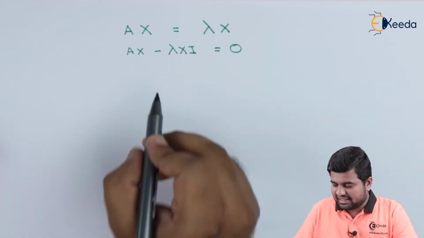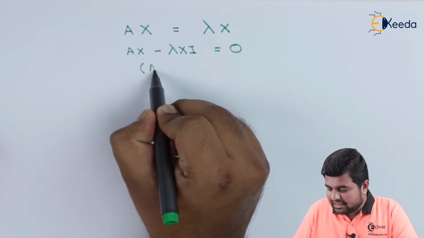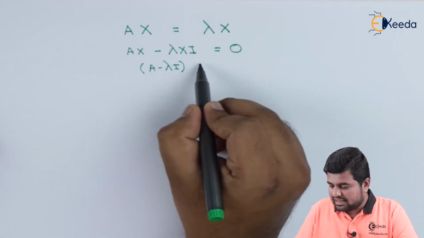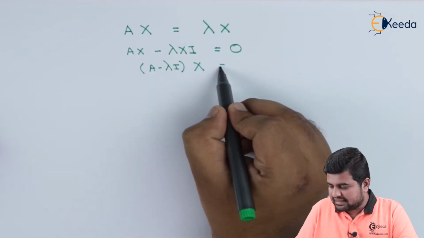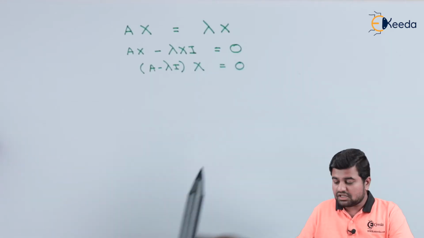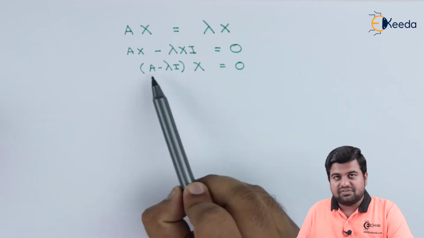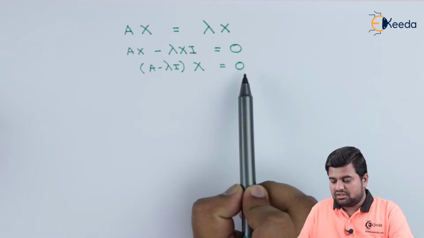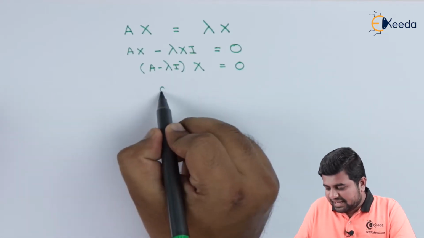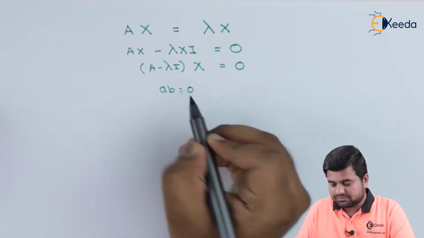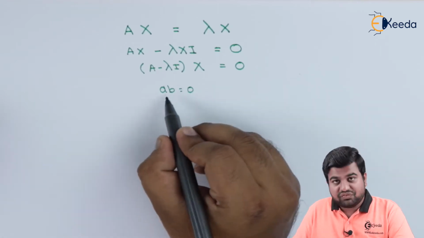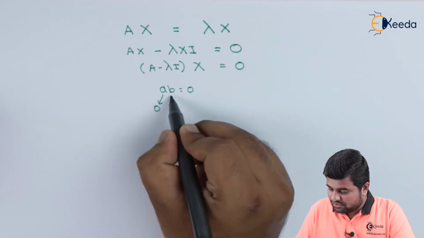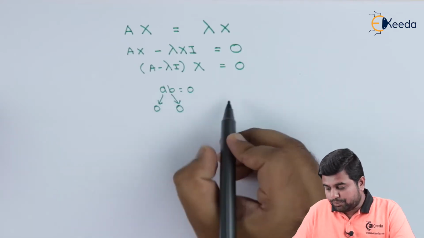Now from here we can have A minus lambda into I into capital X equal to O. So clearly from here we can have A minus lambda I into X is equal to O. Now clearly when we have A into B is equal to 0, what we can say is either A is 0 or B is 0 or both are 0.